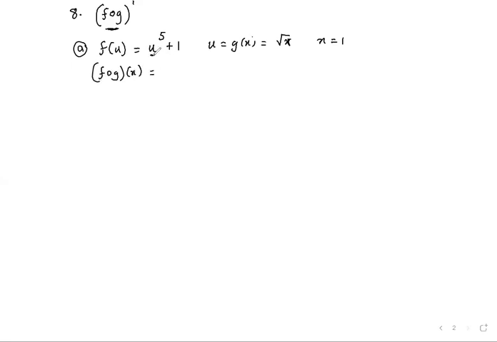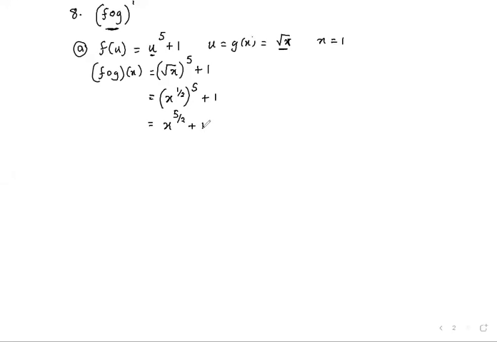Where there is u, we substitute. So we have root x to the power 5 plus 1. Now we can write this as x to the power half, to the power 5, plus 1, which is x to the 5 over 2 plus 1.